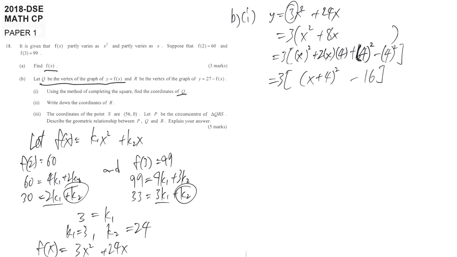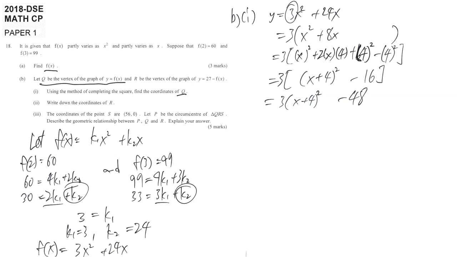And then I'm now going to separate the variable term and the constant term. 3 bracket (x plus 4) squared and then minus 48. So why we have to change to this format is because vertex form gives us the vertex directly. Why there is a turning point to give you minimum or maximum depends on this, because only this term has x there, and when this is the extreme value, that means minimum or maximum, the bracket will become 0.